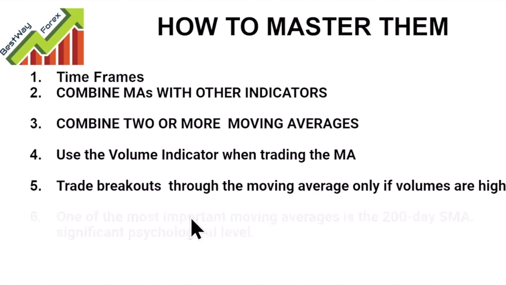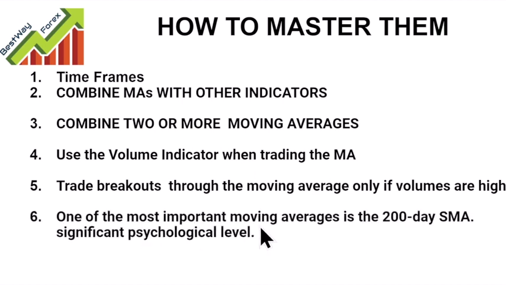Okay, one of the most important moving averages is the 200 simple MA, a significant psychological level. Why? Because most of the traders, most of the trading supercomputers, and all the banks and everywhere, are using this 200 MA for identifying a bearish or bullish situation for an asset.